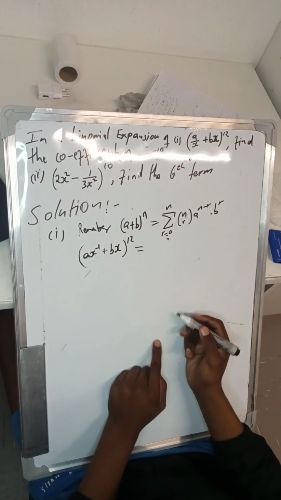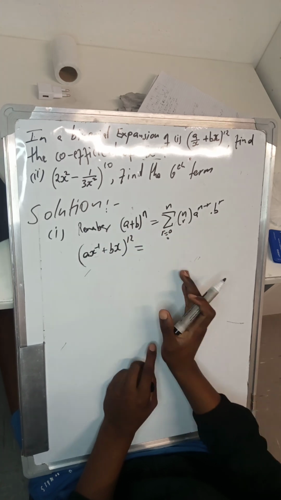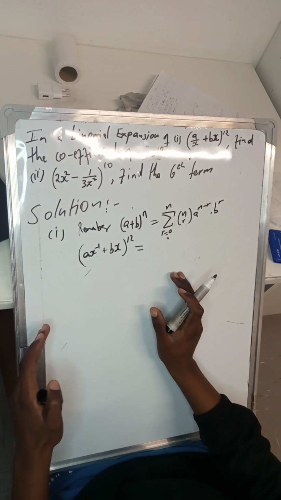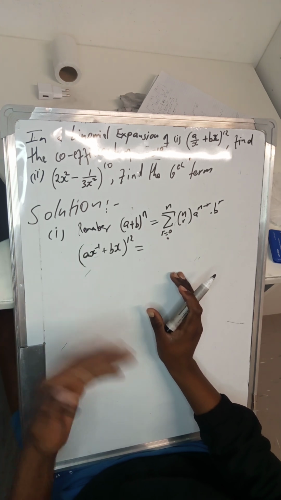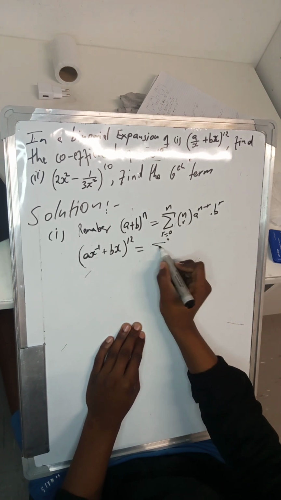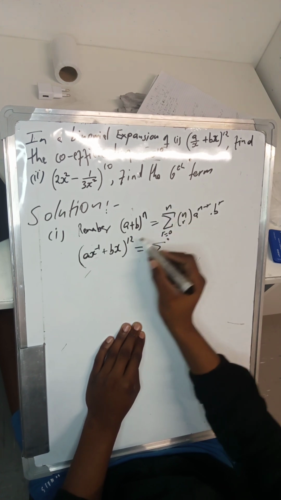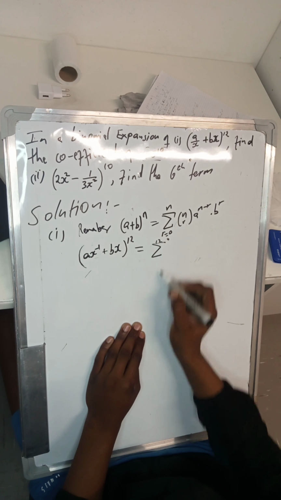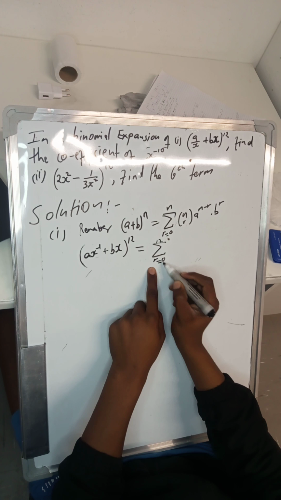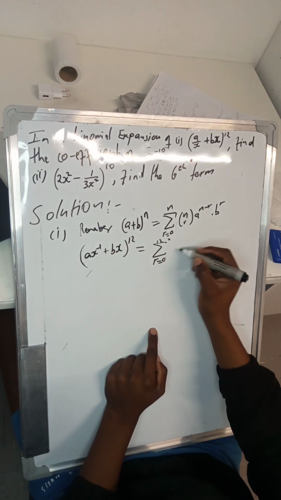Then this is equal to, this part I'm about to write is not really important, I just want you guys to recall the sum first. Here we had n, so because we have 12 here, I'll have 12 here. Then r starts from 0, but we don't know the exact value of r.